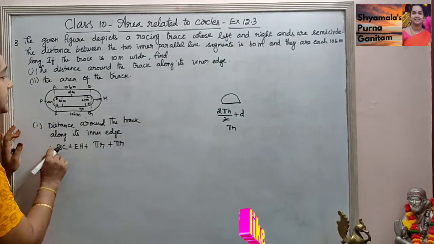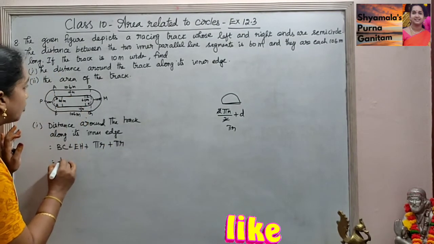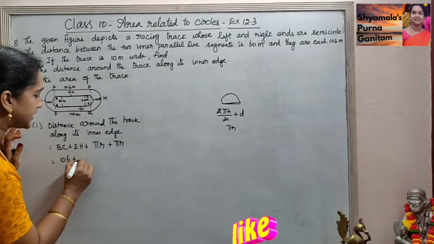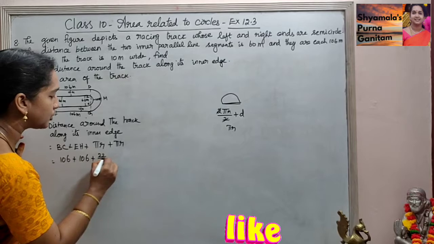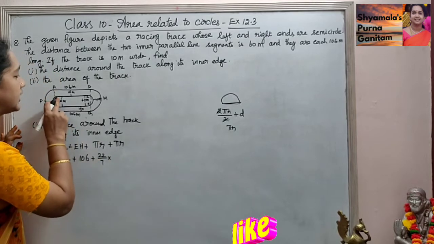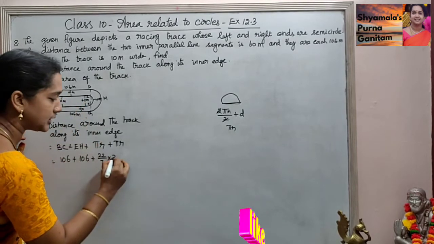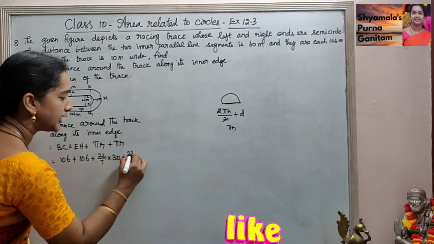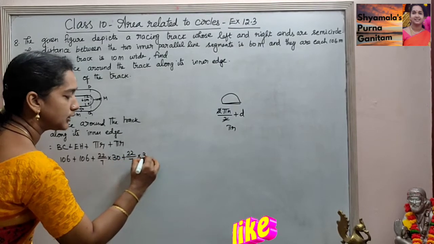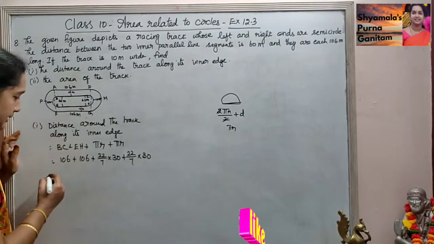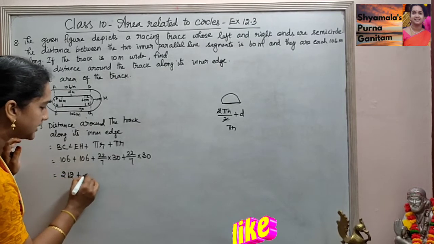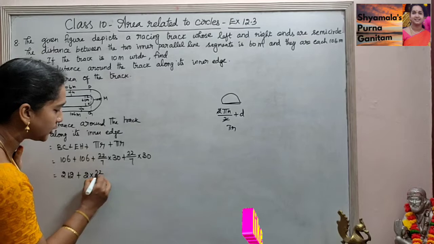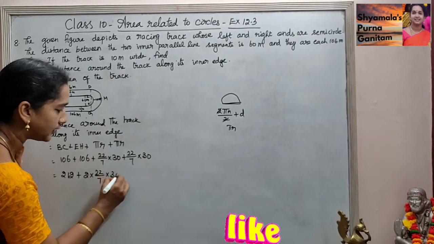So the length of BC is 106 meter plus EH is 106 meter plus 22 by 7 into the radius 30 meter plus 22 by 7 into 30. This has to be simplified. So this will be 212 plus 2 into 22 by 7 into 30.